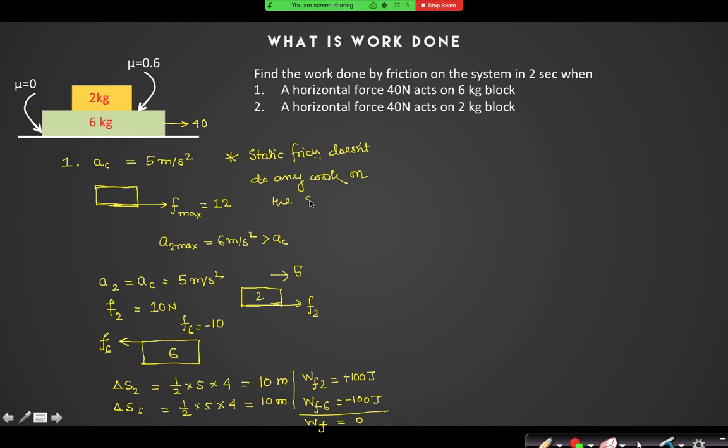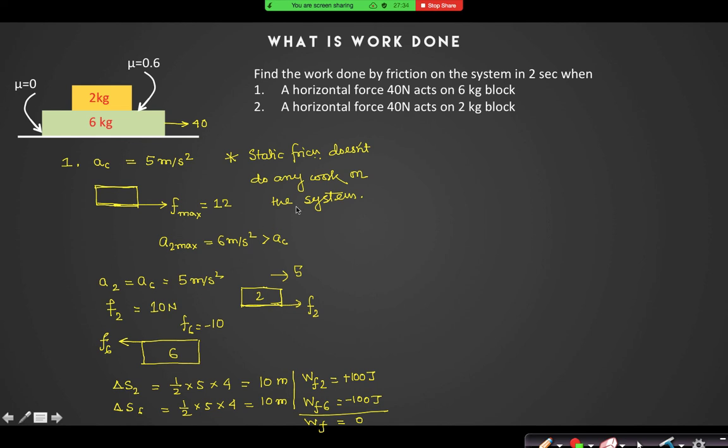Yes, right? If I say that work done by static friction is 0, that is not a complete statement. Work done by static friction on the system is 0, not on the individual bodies. On the individual bodies, work done may be anything.